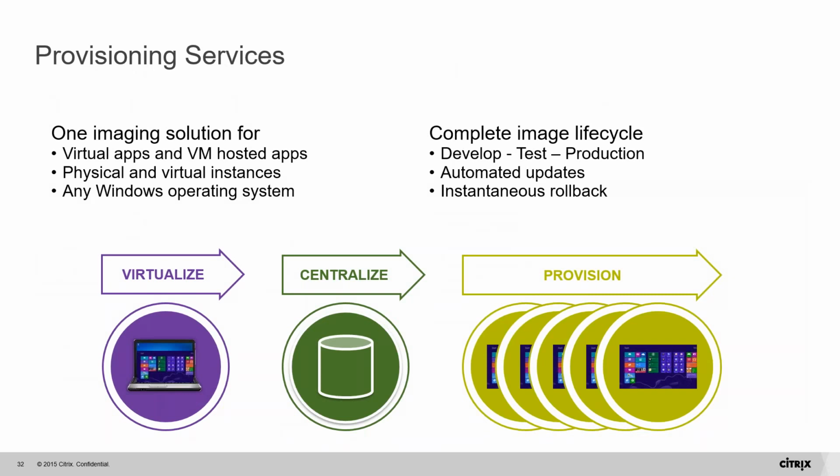I'll talk a little bit about how you maintain and manage these master images on the back end. We have two products that are out there for doing it. One is called provisioning services, and it's a streaming technology where when a server boots up, it streams down the bits that are required to launch applications and the operating systems.